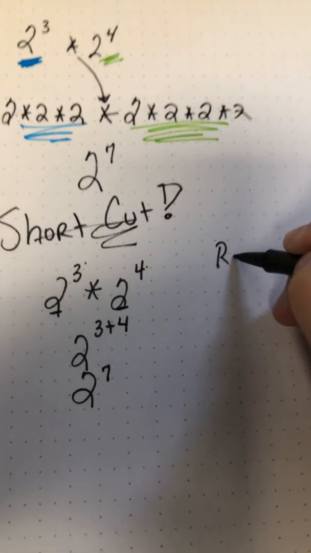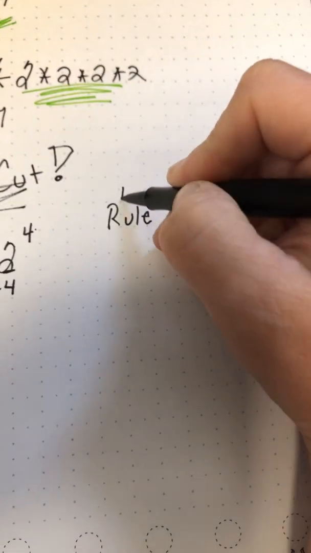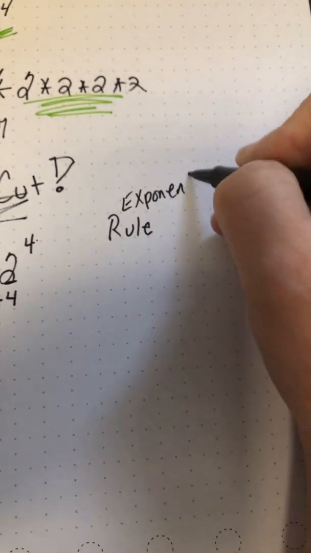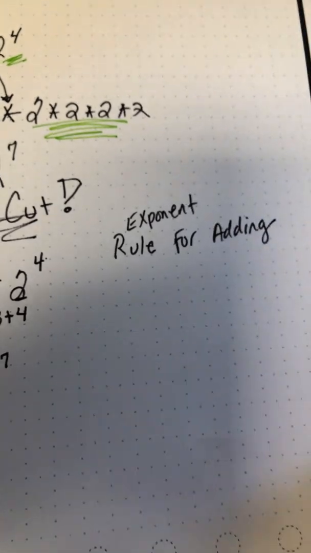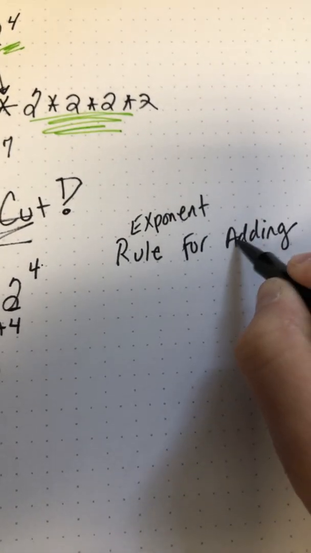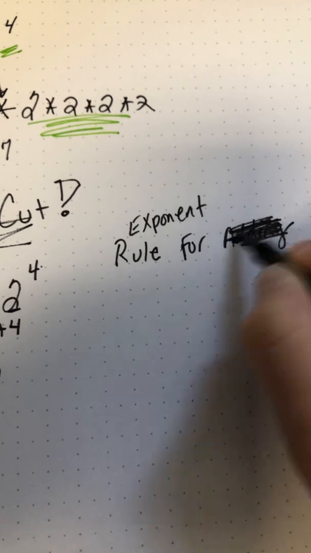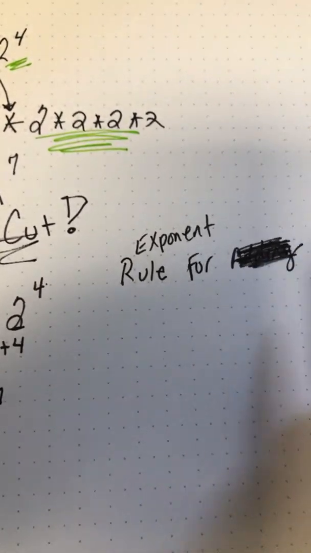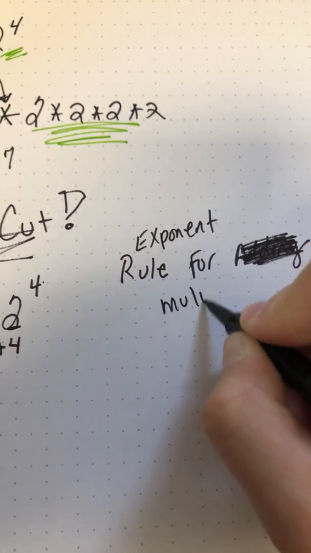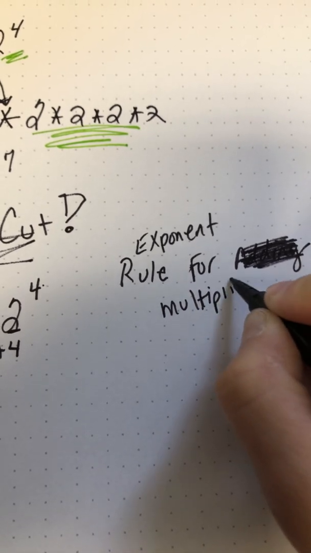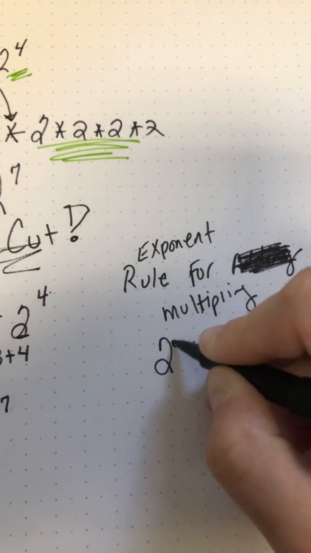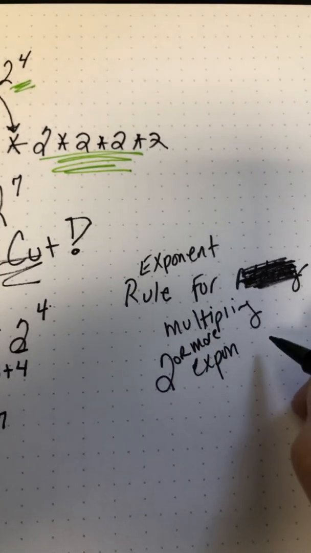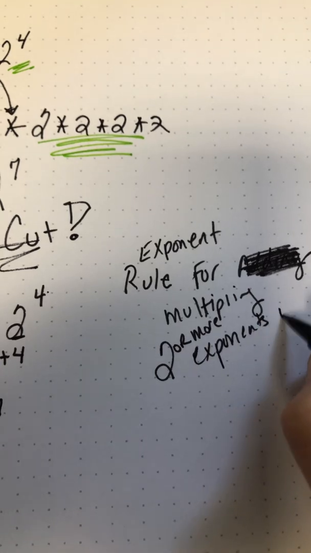So the exponent rule for multiplying two or more exponents with the same base.